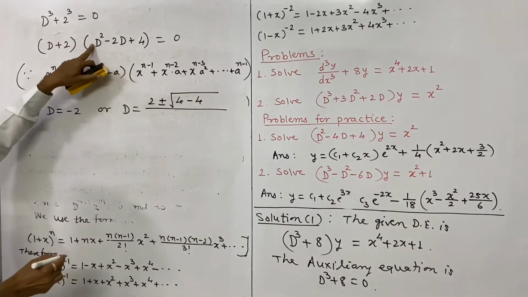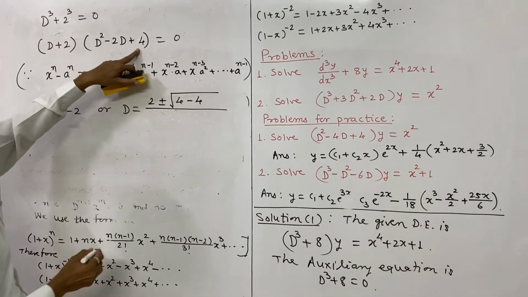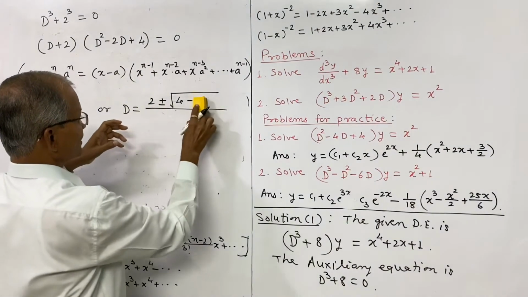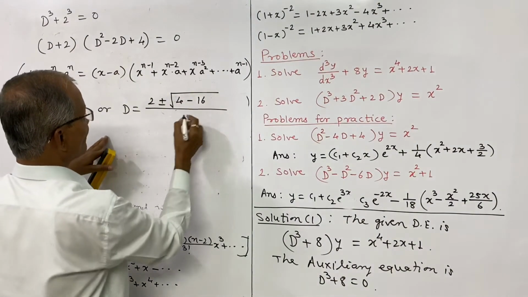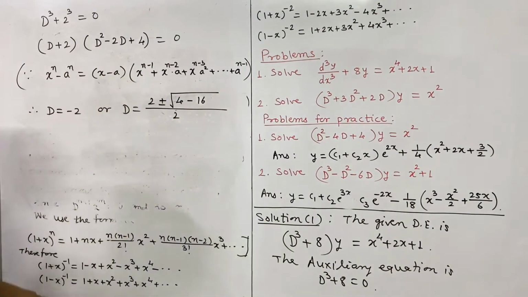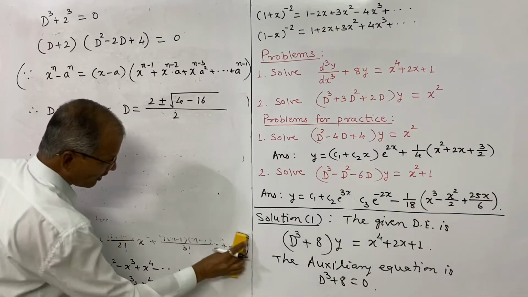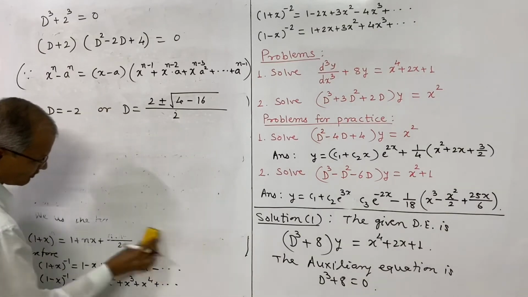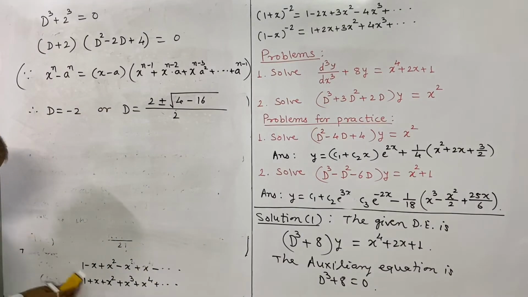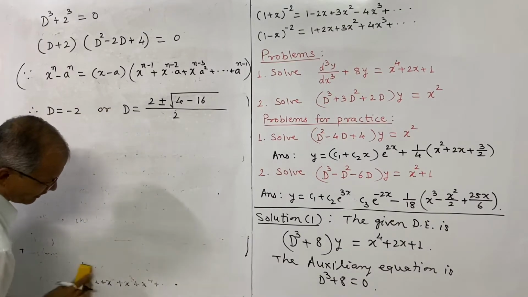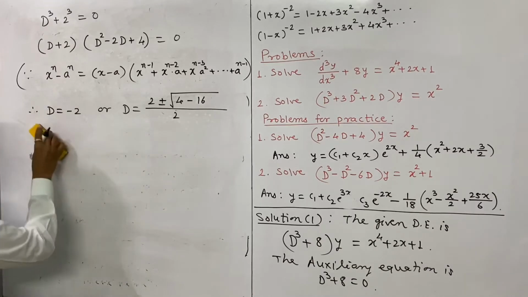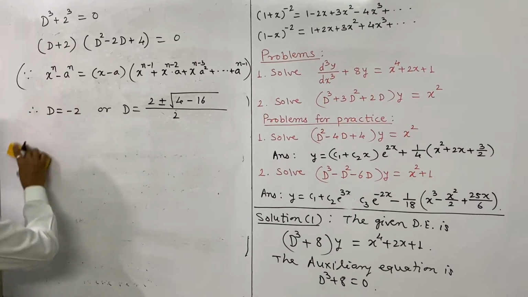A is 1 and c is 4, so 4 into 4, that is 16, divided by 2a. This quadratic formula we have written in our earlier lecture, and you should remember it.